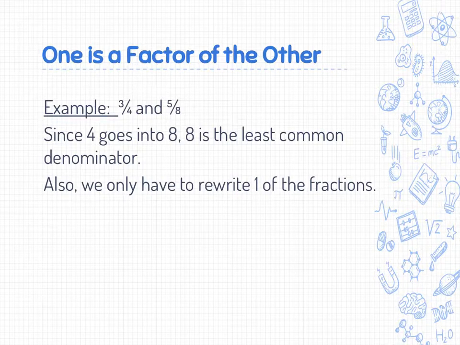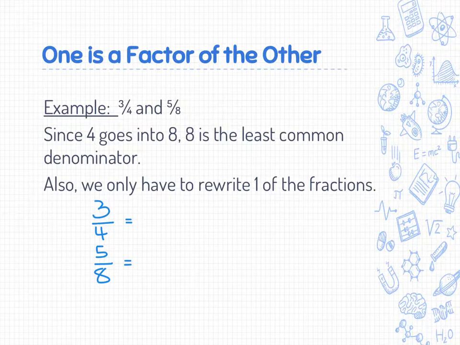Here's the example 3/4 and 5/8. Since 4 goes into 8, 8 is the least common denominator. Also, we only have to rewrite one of the fractions. I usually write these one on top of the other, and then I write the equivalent fractions with the new denominators next to them.